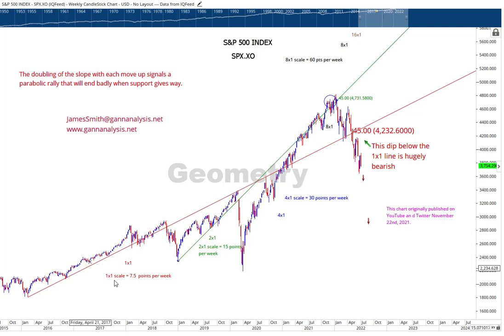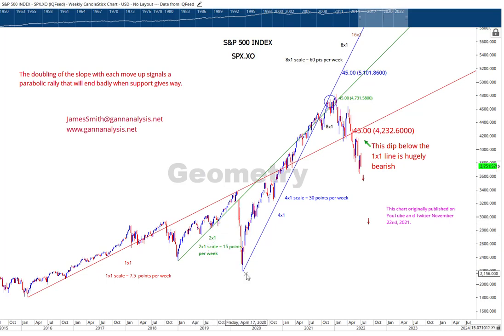So you see a pattern. The market rallies on the 1 by 1, sells off, then it rallies on a 2 by 1, sells off, and then after that, it rallies on a 4 by 1. We're just doubling the slope each time. So instead of 7.5, we suddenly jump to 15 points per week, a 2 by 1.